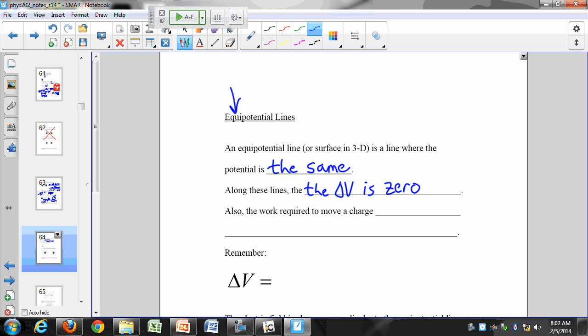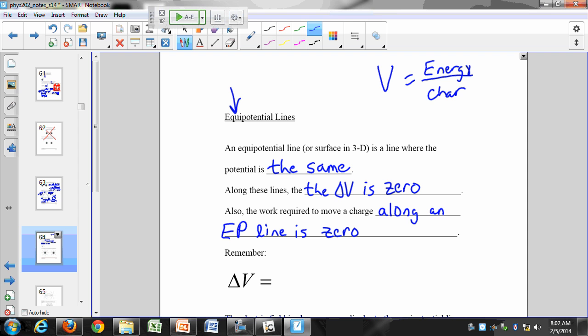Your potential doesn't change. So the work required to move a charge along an equipotential line, I'm going to abbreviate it as EP, is also 0. Remember, because voltage, our potential, is energy per charge.